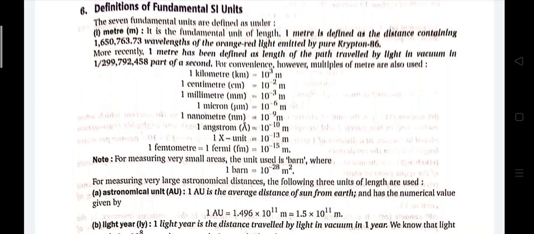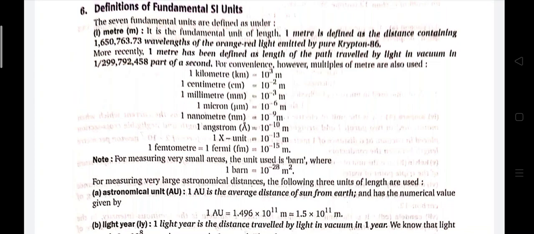Right from centimeter, millimeter, micron, nanometer, angstrom and Fermi, they are very important because most of the physical quantities in electricity and nuclear physics are measured in such small lengths. So you should know what a micron, a nanometer, an angstrom and a Fermi are. Pay attention to these smaller units.